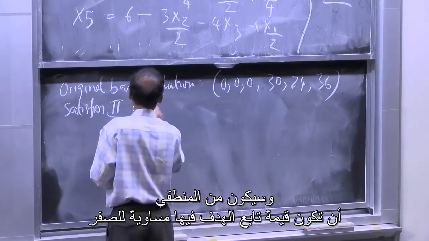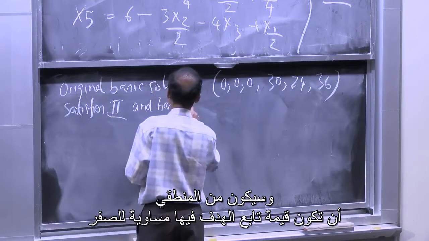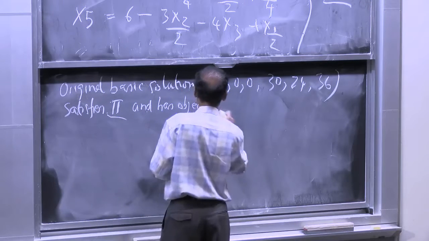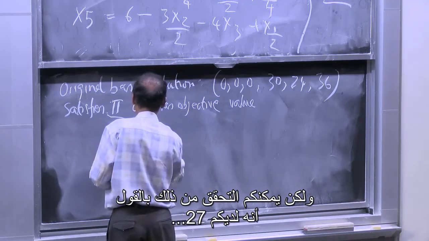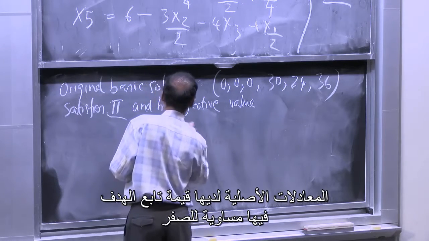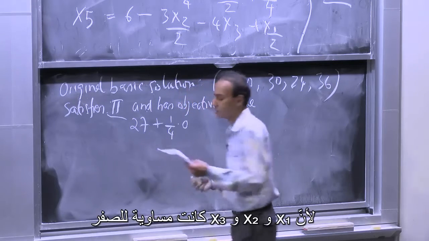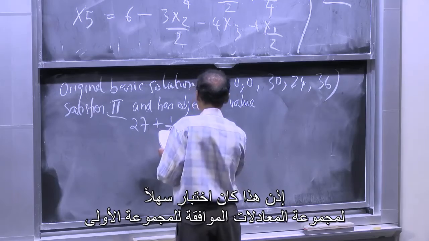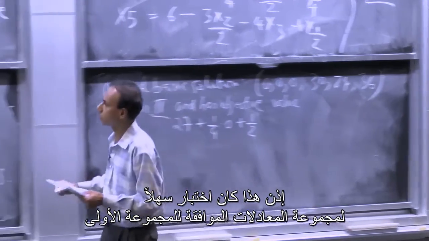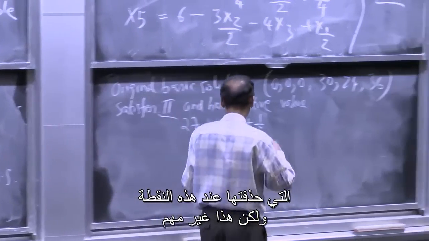And it makes sense that it would have the objective value of 0 given equivalence. But you can verify that by seeing that you have 27. The original had the objective value of 0 because all the x1, x2, x3 were 0. So that was an easy check in the set of equations corresponding to the first set, which I've erased at this point.